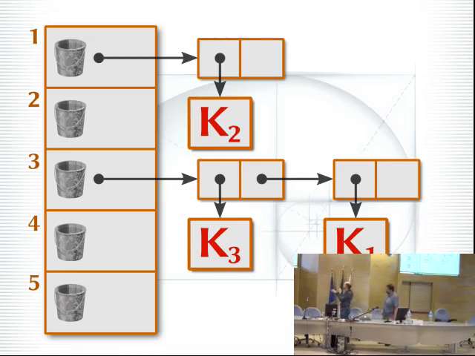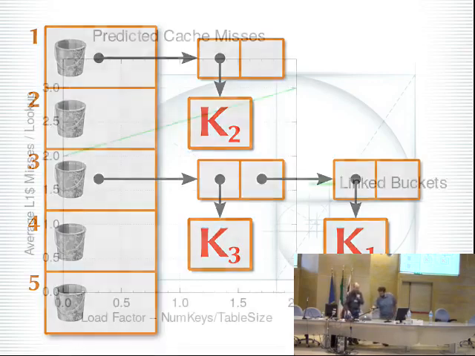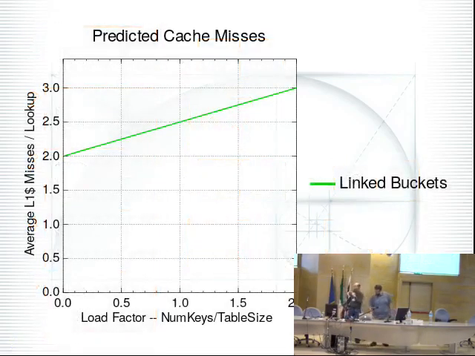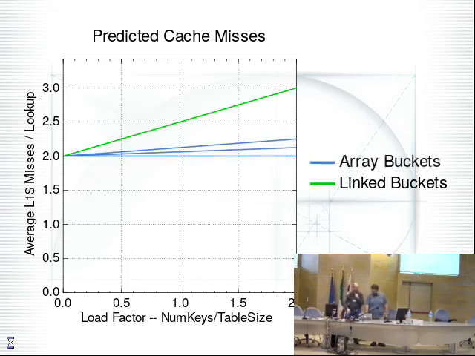We don't have to pull in the object and run the hash method on it, because that just complicates the comparison. But if I want to find this key here, then I'm going to take three cache line misses to get that. And so we see that it starts at 2 and goes up gradually after that.